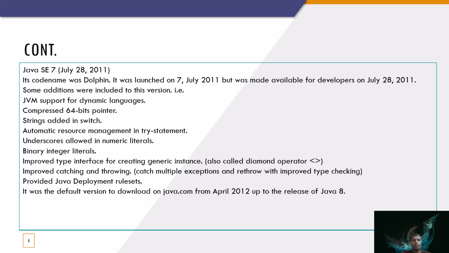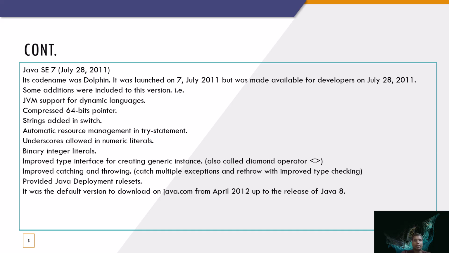Now for Java 7, we had a lot of upgrades: strings added in switch, compressed 64-bit pointers, JVM support for dynamic languages, and underscores allowed in numeric literals. What it means is that when we have large numbers, for readability, take the example of a credit card or debit card number.